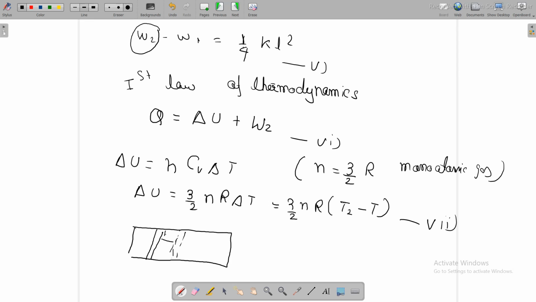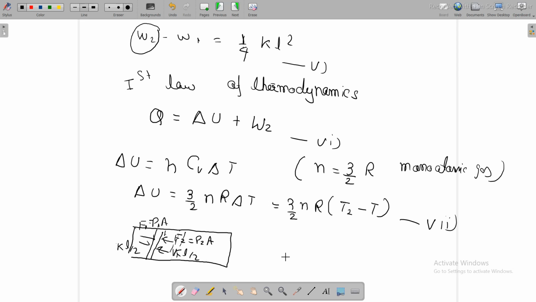Therefore force applied by the gas is F2, equal to P2 cross A. There will be force F1, which is P1 A. The spring constant is K. Force due to the spring is K L by 2, and there is also K L by 2.